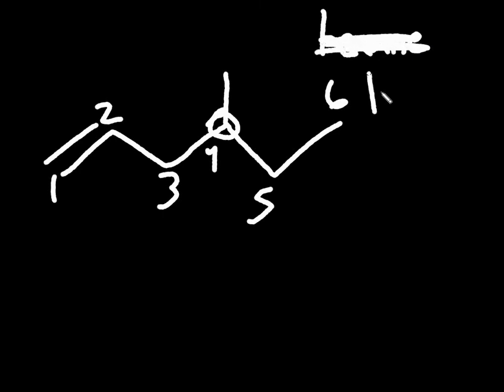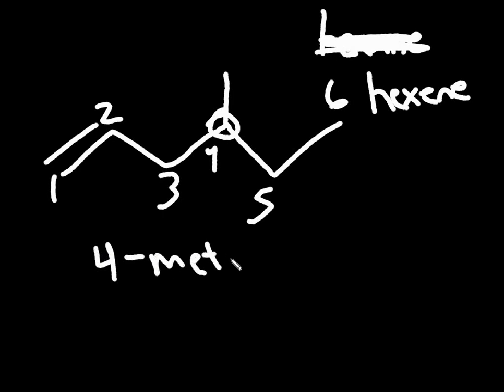So, like we said, at the fourth carbon, we have a methyl, so it'll be 4 methyl 1 hexene, because at the first carbon to the second, we have a double bond.